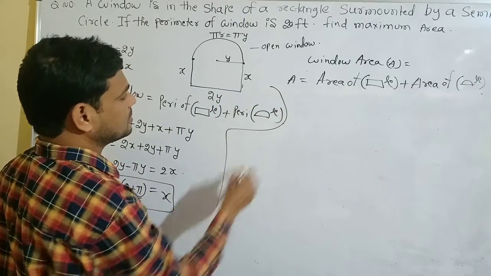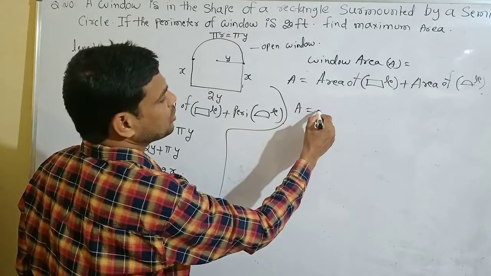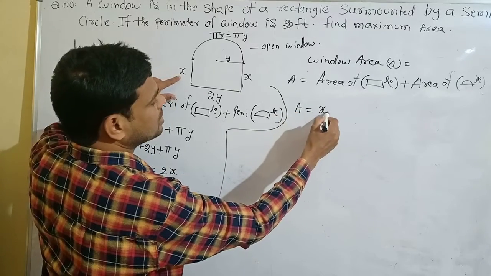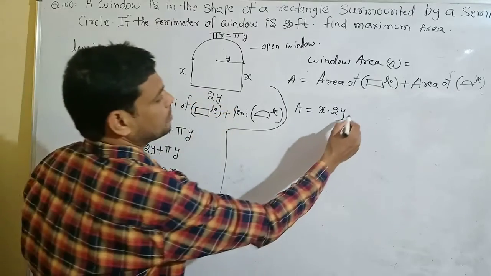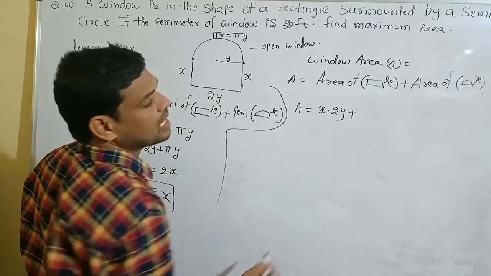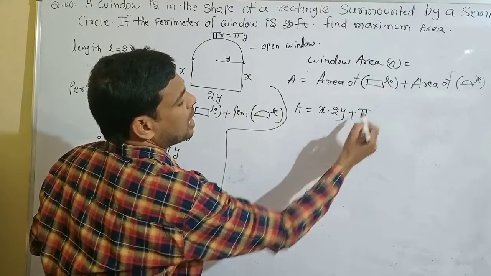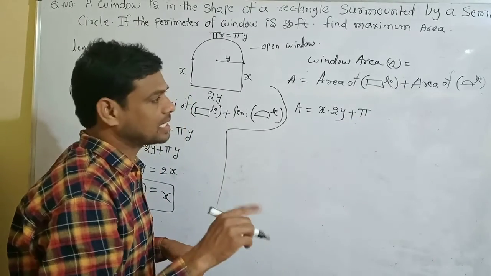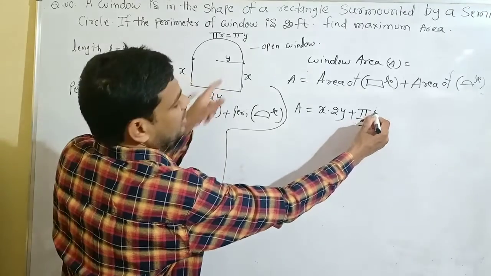Area of rectangle, L into B, that is x into 2y. Plus area of semicircle: pi r square is the circle area, so area of semicircle is pi by 2 r square. R equal to y, so y square.